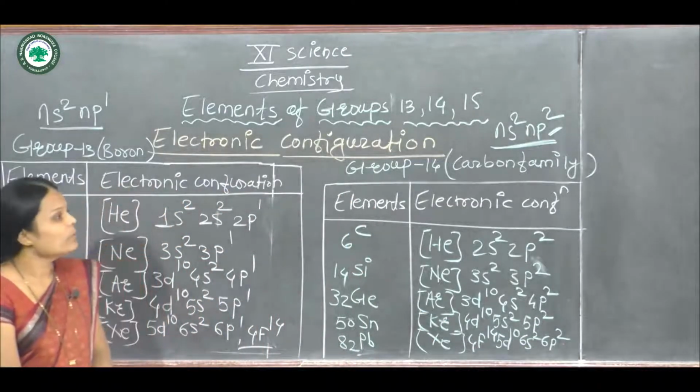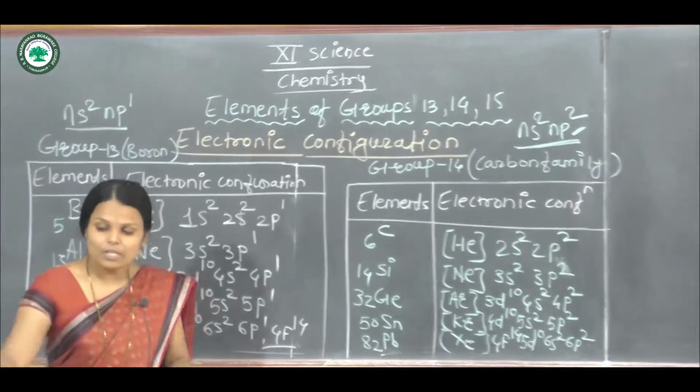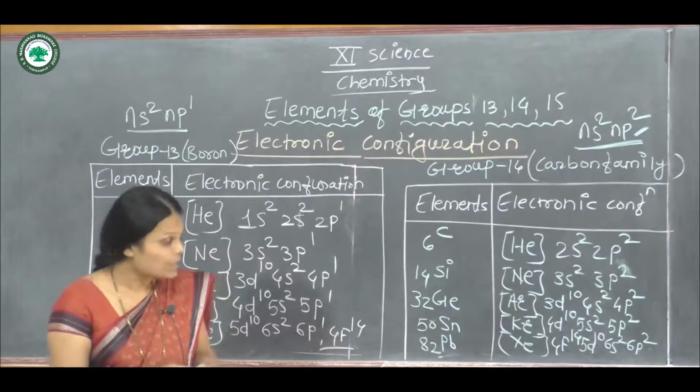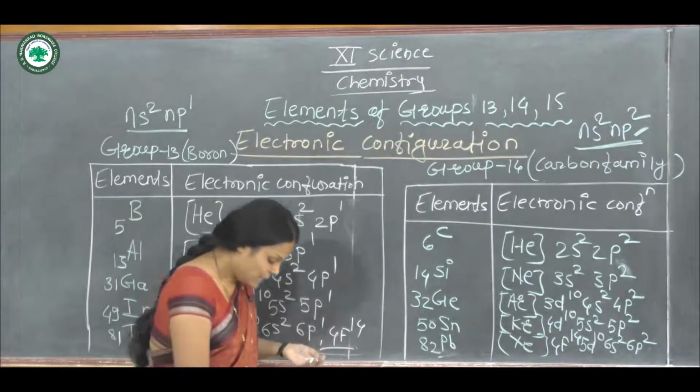Now group 15 is remaining. Here is group 15, and its family is the nitrogen family.